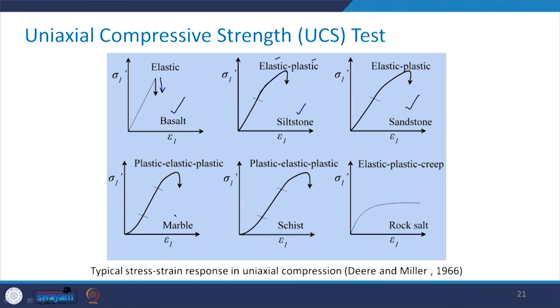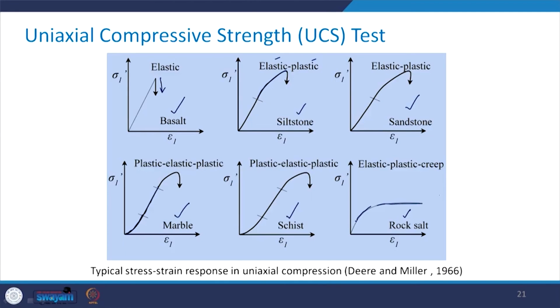In case of marble, it is very interesting. In the beginning, it is plastic, then it goes linear as elastic, and then the later part is plastic. Same thing you observe in case of schist. In case of the rock salt, you see it is elastic, then it becomes plastic, and then it goes as creep.